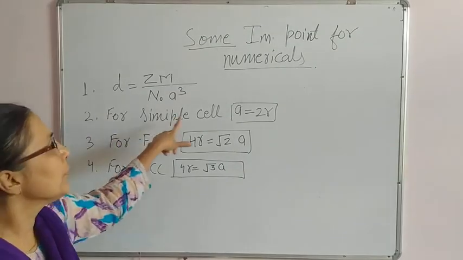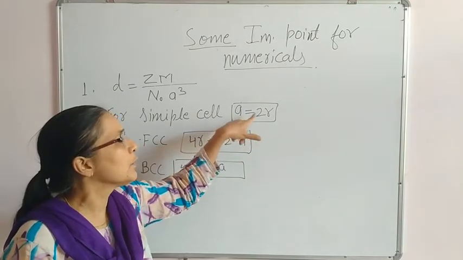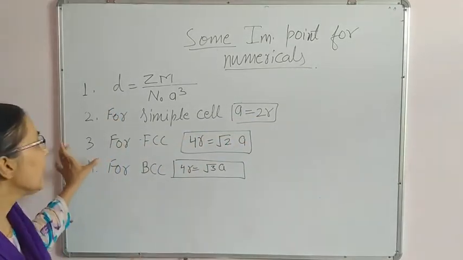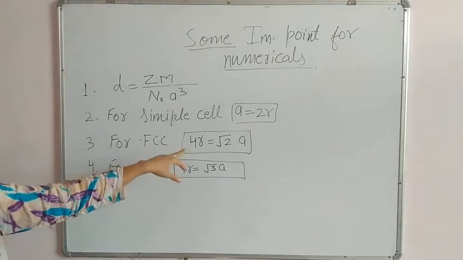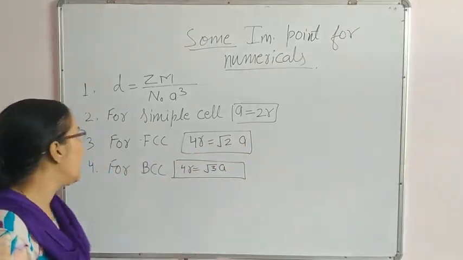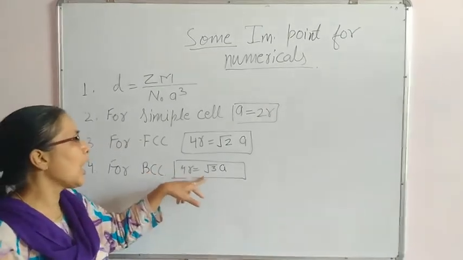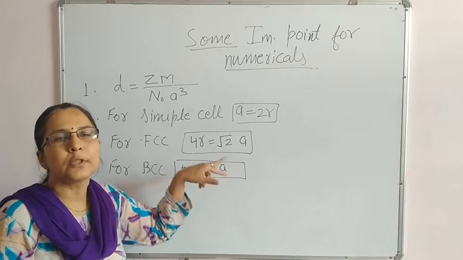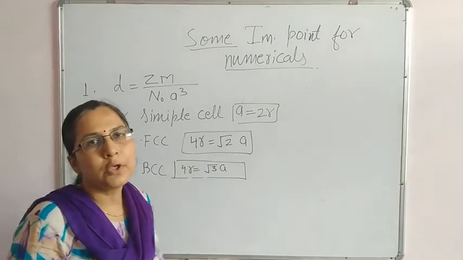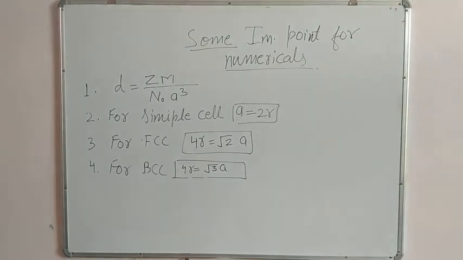For simple unit cell, the relationship between A and r is A is equal to 2r. For face centered cubical cell, it is 4r is equal to root 2 A. And for BCC, which we have just derived, it is 4r is equal to root 3 A. You need to learn these by heart. Note down all the relationships in your notebook.